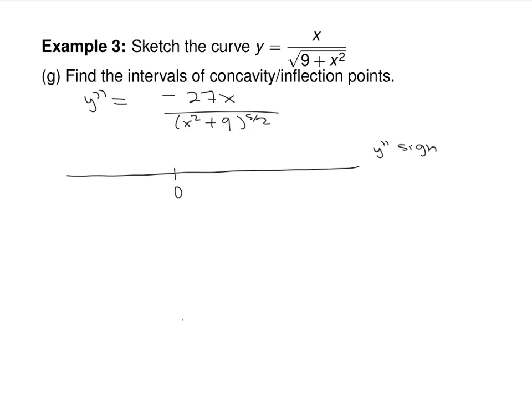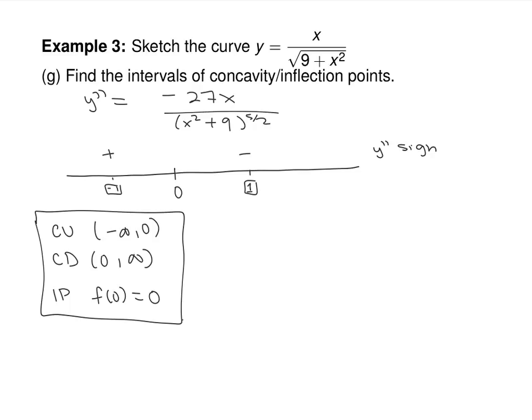All right, so if you test the number to the left of 0, like say -1, I believe the result is positive. Do you buy that? You test a number past 0, like 1, the result is negative. So your function is concave up, negative infinity to 0, concave down, 0 to infinity. Where's this inflection point? F of 0 equals 0. Okay, there you go. This one's faster because the derivatives were nice and easy and already simplified.